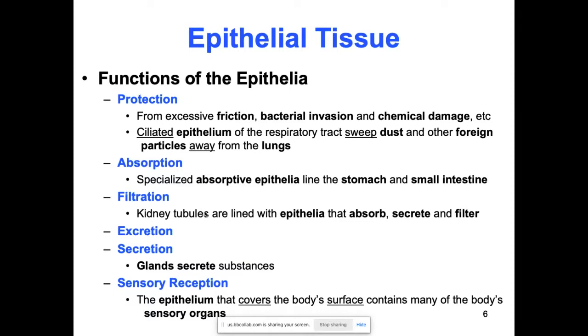It's going to absorb, secrete, and filter, which is what the kidneys do. Deep, deep within the kidney is the functional unit of the kidney that's called a nephron. And you'll get to that in A&P2 when you learn about urology and the kidneys. But when the body is trying to get rid of debris, it uses the liver and the kidneys together.